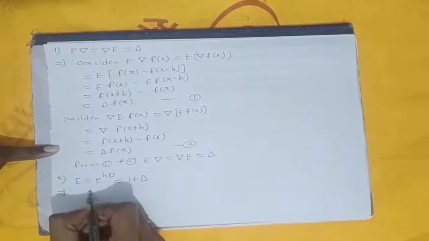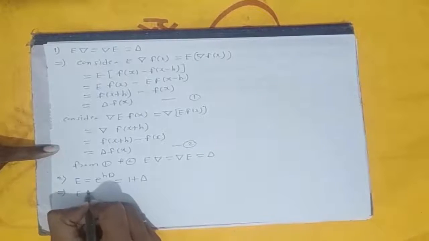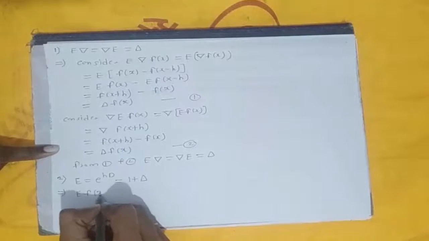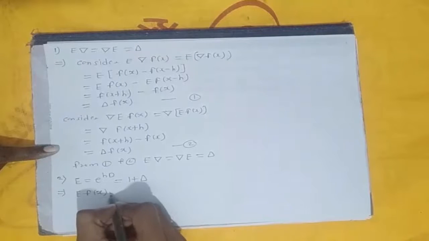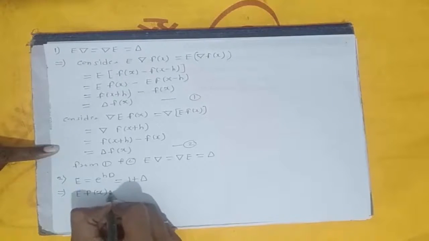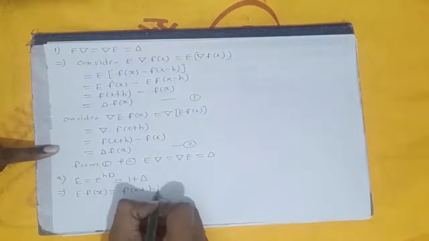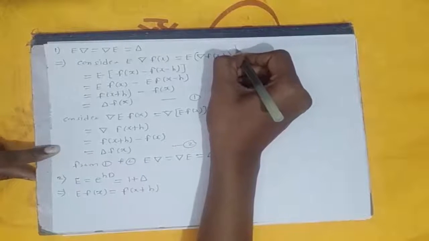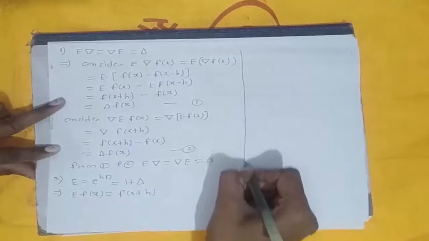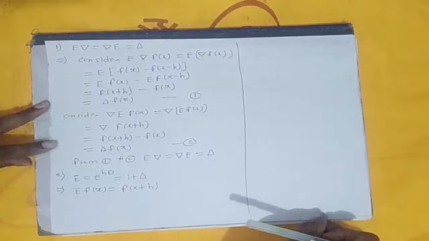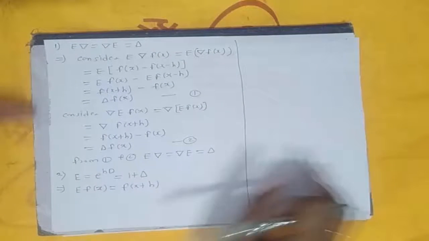Okay, so if we first consider the LHS and apply the shift operator E on f of x, that is E f of x, then by the definition of the shift operator, E f of x is equal to f of x plus h. Then we expand this f of x plus h by Taylor series.